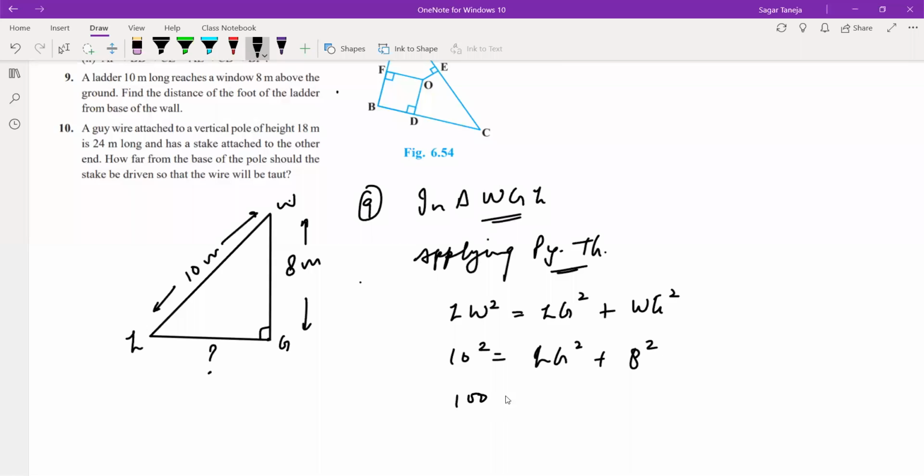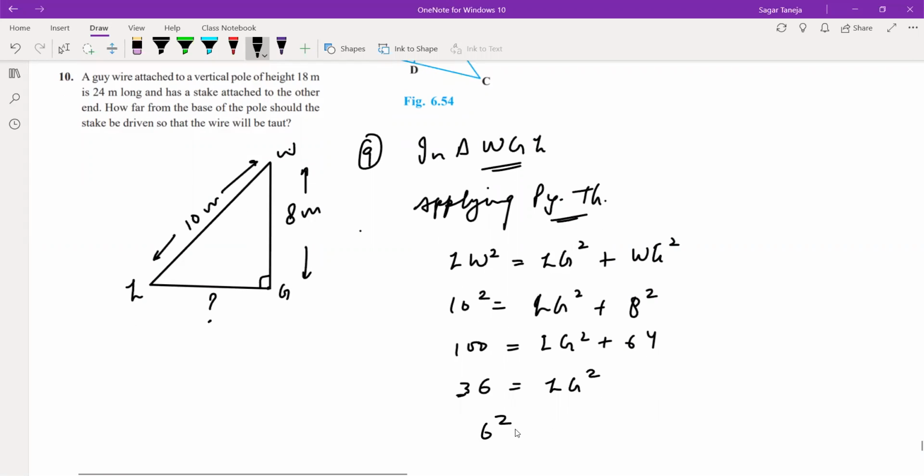So it is 100 is equals to LG square plus 64, and 64 will come this side, it will become 36 after subtraction from 100. So this is 6 square and this is LG square. Square cancels out. So LG is equal to 6 meter.